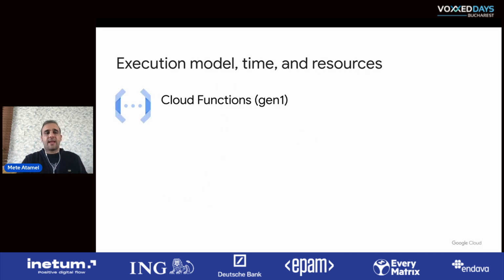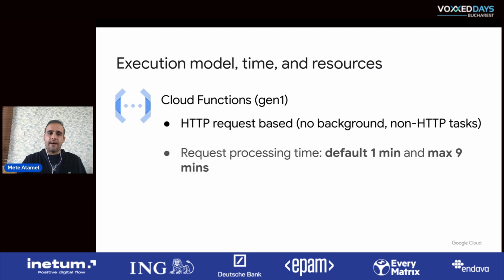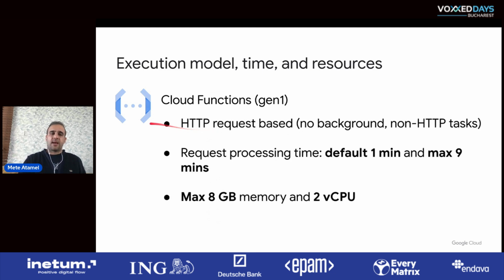And then when you look at the execution model, time and resources of these functions, again, there were limitations. Here, again, I'm giving an example from Cloud Functions generation 1. The limitations were that it has to be HTTP based. So you cannot do, for example, a background task that doesn't require HTTP. When you receive an HTTP request, you need to respond by default in 1 minute.